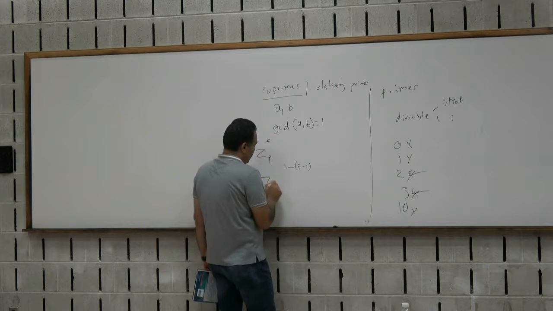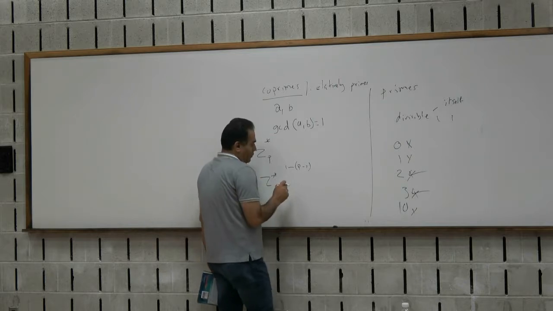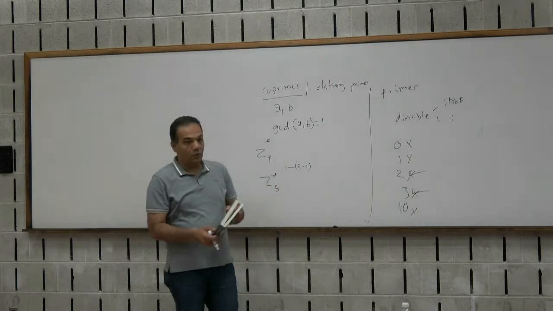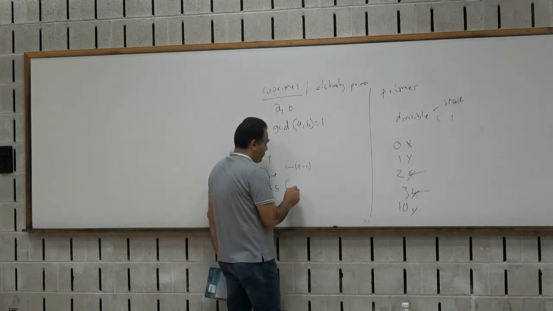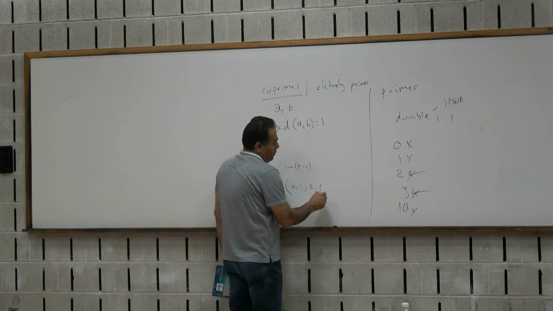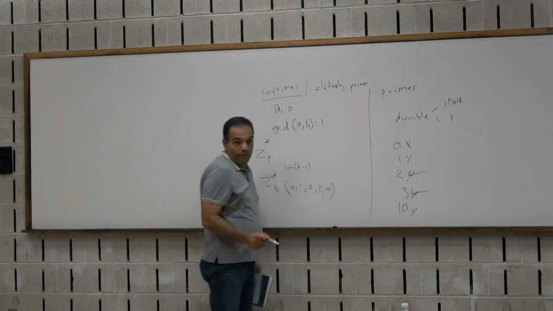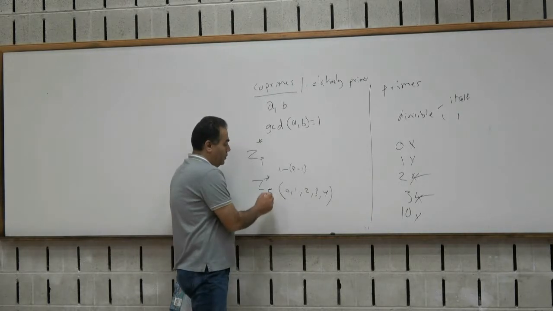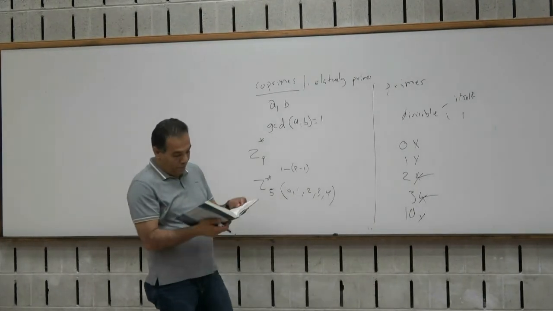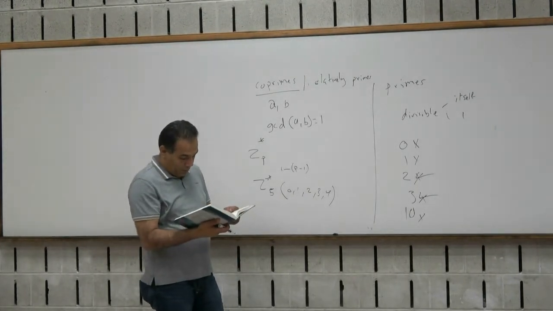If you have Z5, for example, the set will have 0, 1, 2, 3, 4, only because it's a prime.